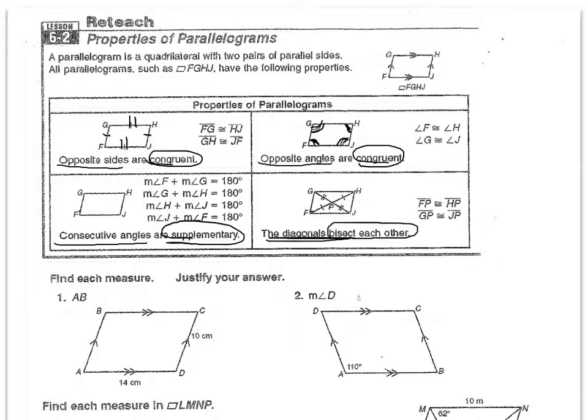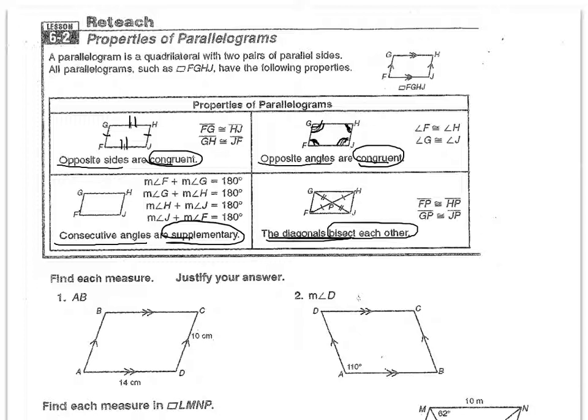They're cutting each other in half. So here, FH cuts GJ in half, and GJ is cutting FH in half. That makes the pieces FP, this piece, congruent to PH, and GP congruent to PJ. When they cut each other in half, they bisect each other.